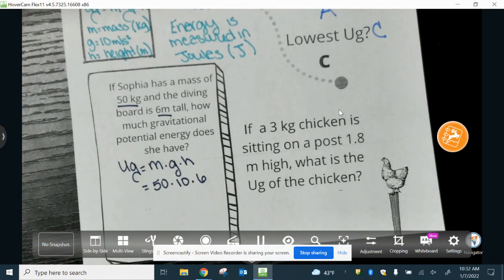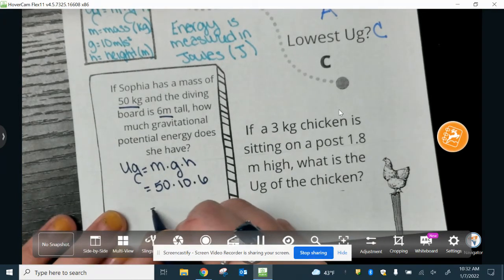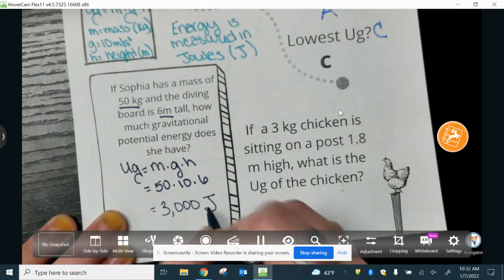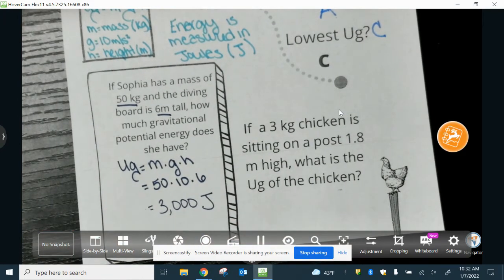So you would take her mass of 50 times gravity here on Earth, for easy math, is 10 times the height of 6 meters. And what do you get? 3,000. Pretty straightforward, right?